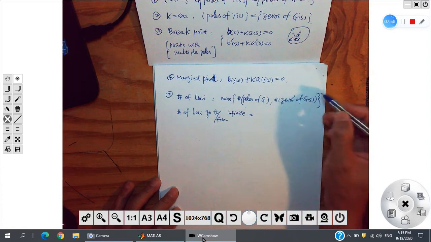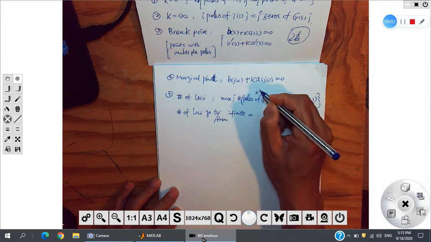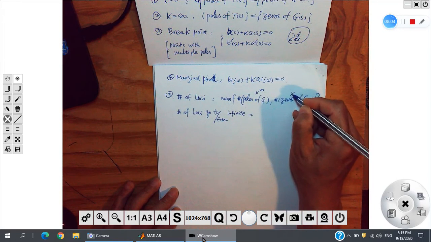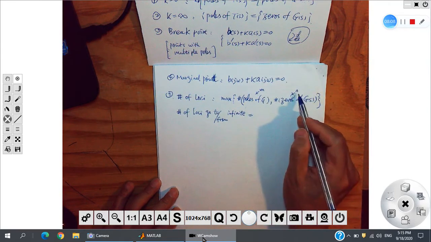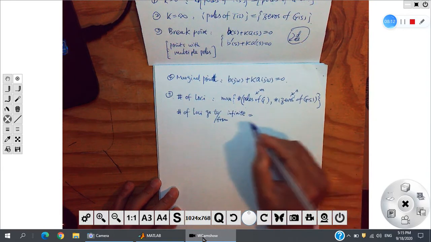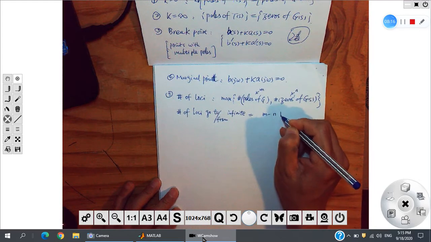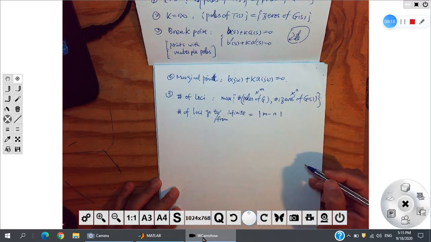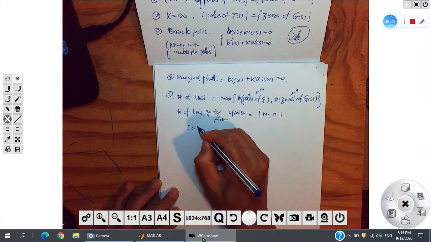I give a notation: I call the number of poles m and the number of zeros n. We have m poles and n zeros of G. Then this number will be m minus n, taking the absolute value. We call these asymptotes.